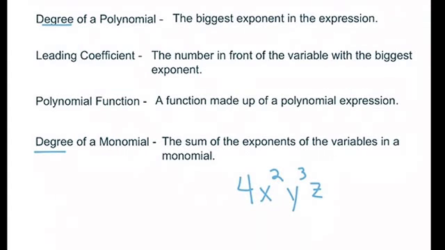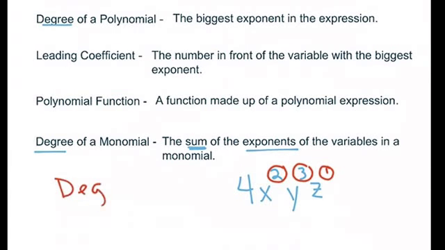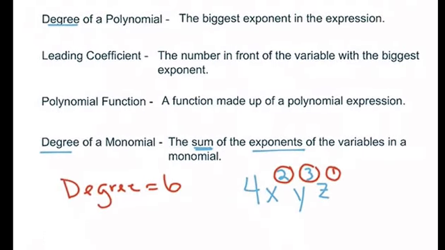This is a monomial because there's no addition or subtraction, so to find its degree we're going to add the exponents. So I've got 2 plus 3 plus the understood 1 here. So my degree of my monomial is 6. Okay. We won't do a lot of those, but I wanted to be sure that you understood what that was.